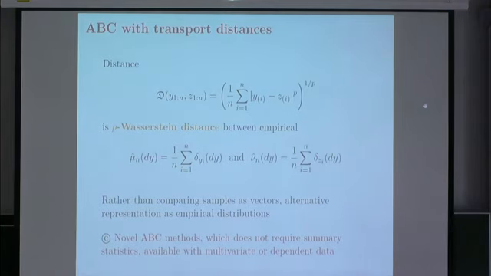And so that links to Wasserstein, because that's a specific case of the Wasserstein distance in dimension 1. You have heard about Wasserstein already, the latest being Eric's talk. It doesn't compare samples as vectors, but as representatives of distributions. So it's a distance between the empirical distributions rather than the samples themselves.